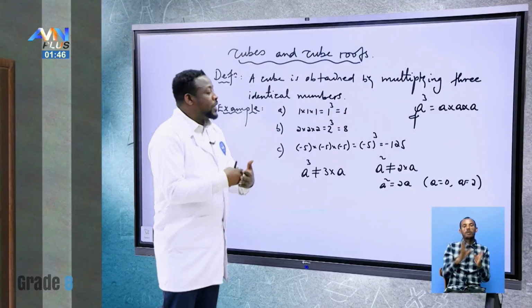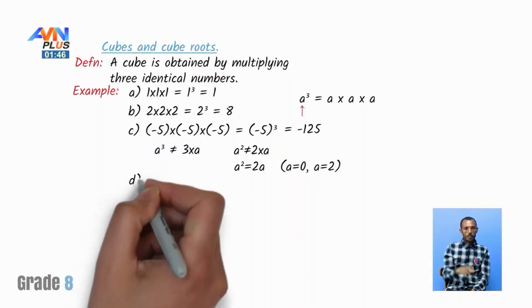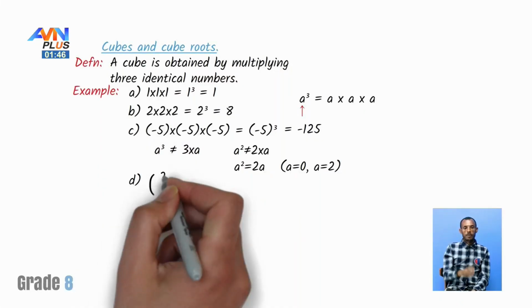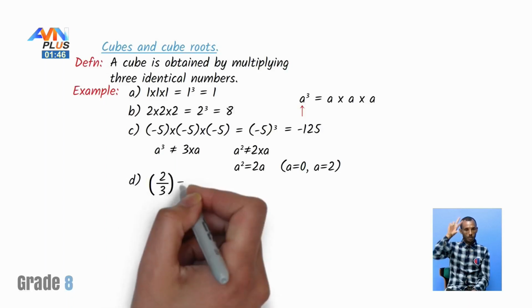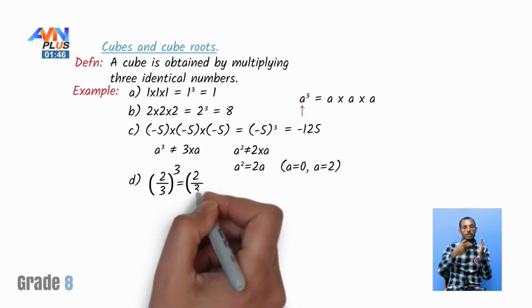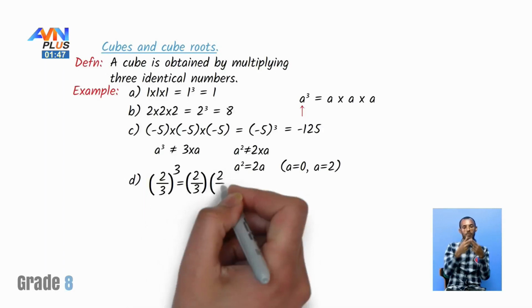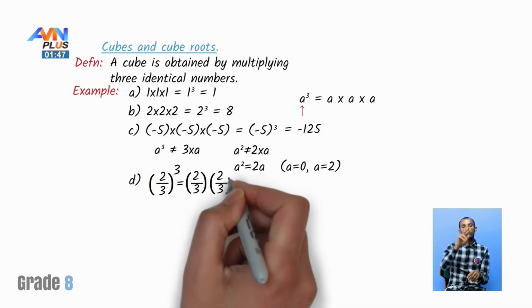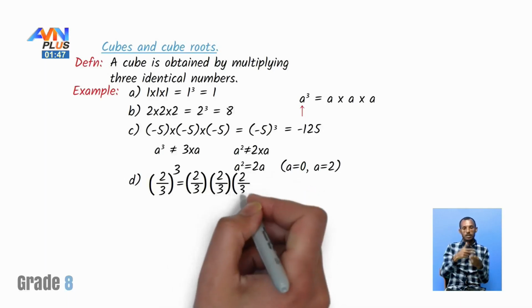So let me give you some more examples of a cube. If you are asked to calculate 2 over 3 the whole cube, it means multiplying 2 over 3 how many times? 3 times, right? So 2 over 3 times 2 over 3 times 2 over 3.